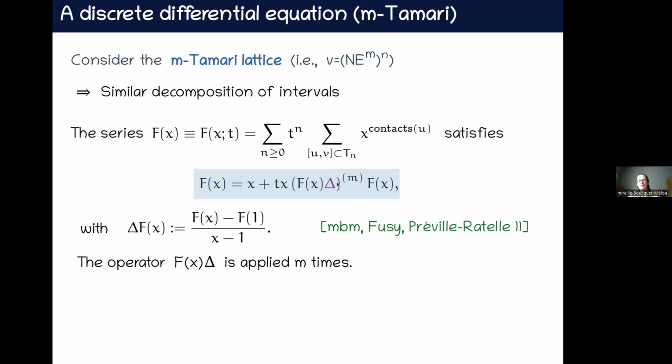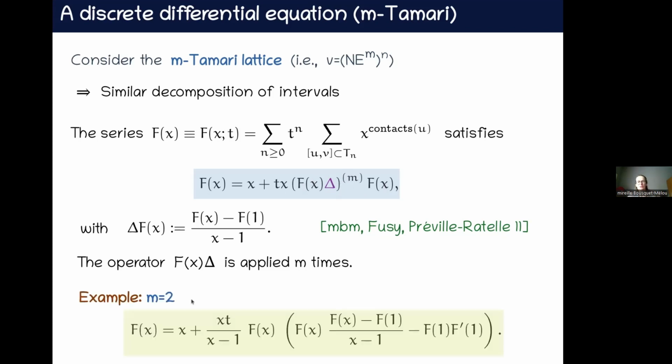So it's a nice compact form. I can show you, for instance, when m is 2, so for two Dyck paths, here is the equation that we have. So we have here a discrete derivative, and F prime of 1, that's the derivative with respect to x evaluated at 1.